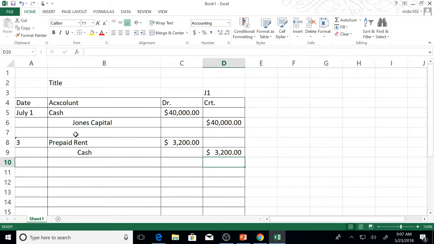So if I were to find, what is the balance in cash right now? What is the balance in cash at this moment? 36,800. Is it on the left side or right side?